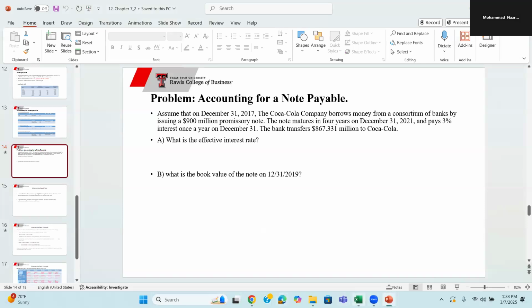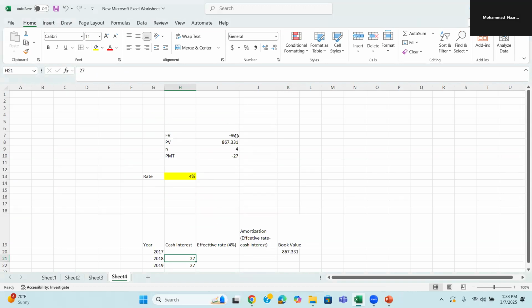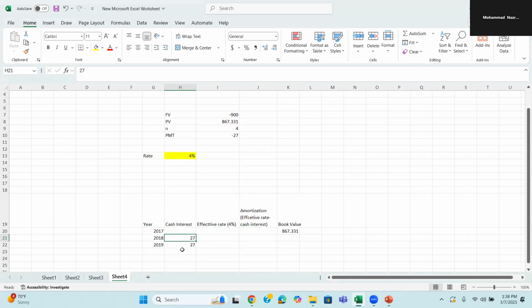All right. Then in 2018, now you have your cash interest of 27 on 900 million. Remember, that one is 27 flat for each year. But the effective rate is different, right? It's 4% of your book value. So we calculate this book value, and then we get our effective interest of 34.69 for 2018.